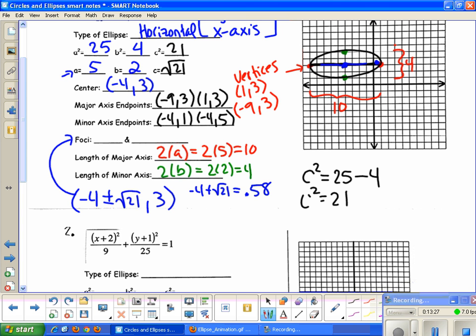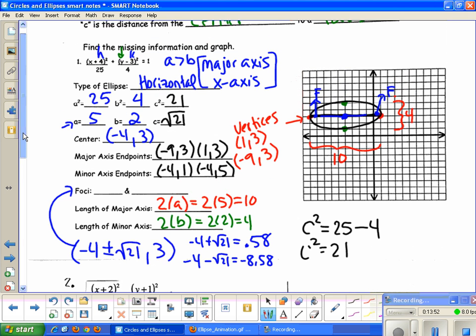And then if I do negative 4 minus root 21, I get negative 8.58. So if I count from the center to the left to an x value of negative 8.58, it'd be right in here. So that's a focal point, and this is a focal point right there. So now we have everything we need for this ellipse.